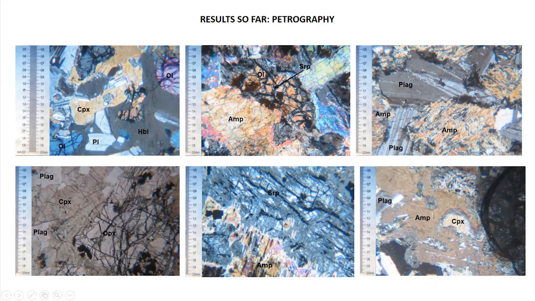But in places, you can still recognize the original minerals: olivine, pyroxene, and primary amphibole and plagioclase in the gabbros, and in the peridotites and pyroxenites, both clino- and orthopyroxene.